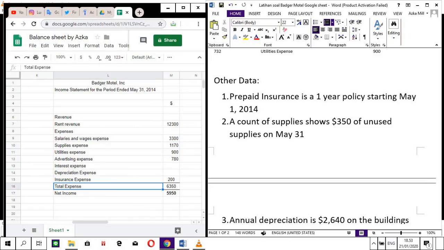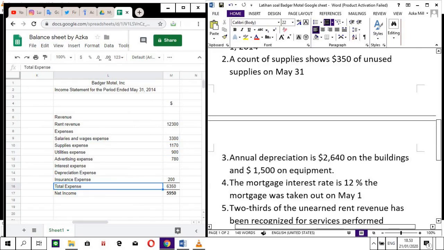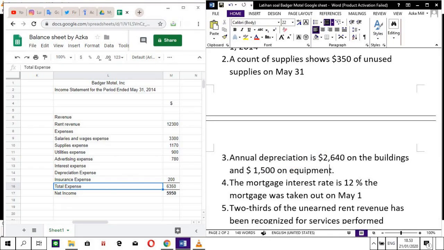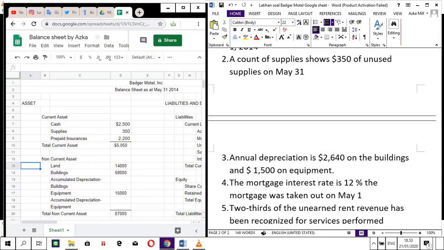Number 3, annual depreciation is $2,640 on the buildings and $1,500 on equipment. Annual depreciation of $2,640 is for a year.